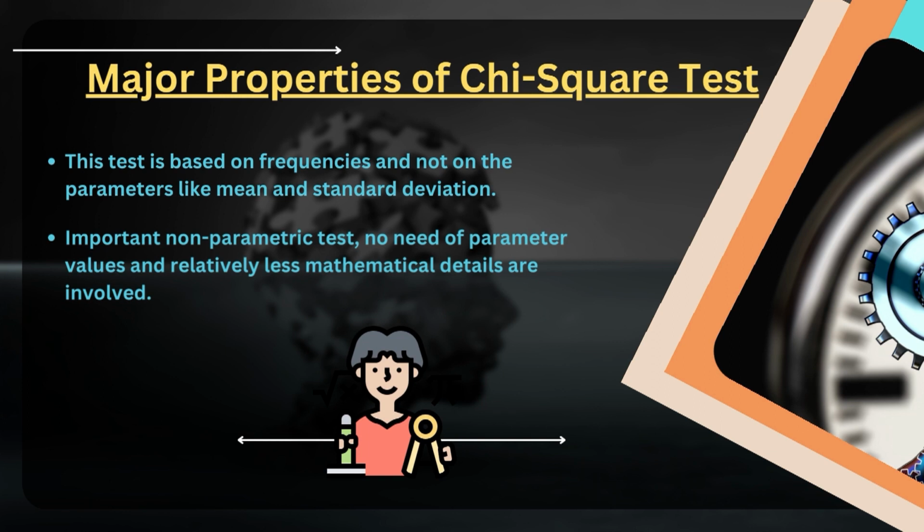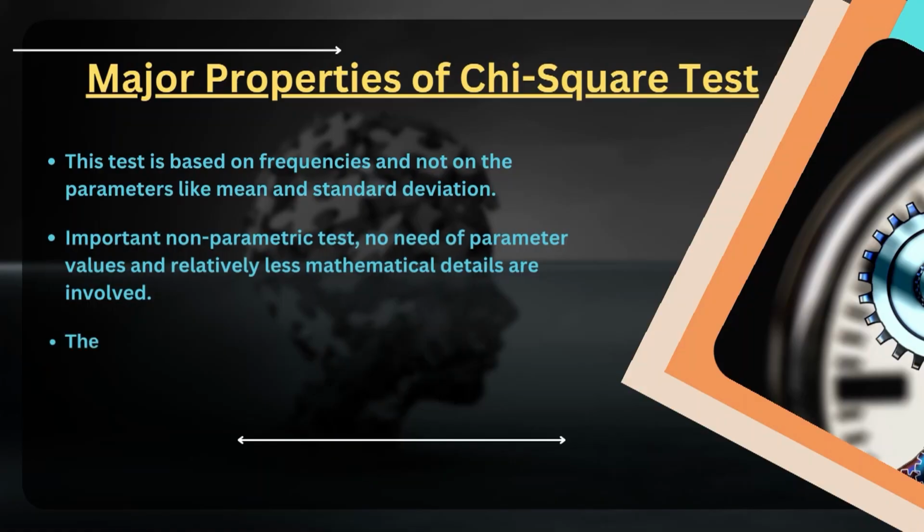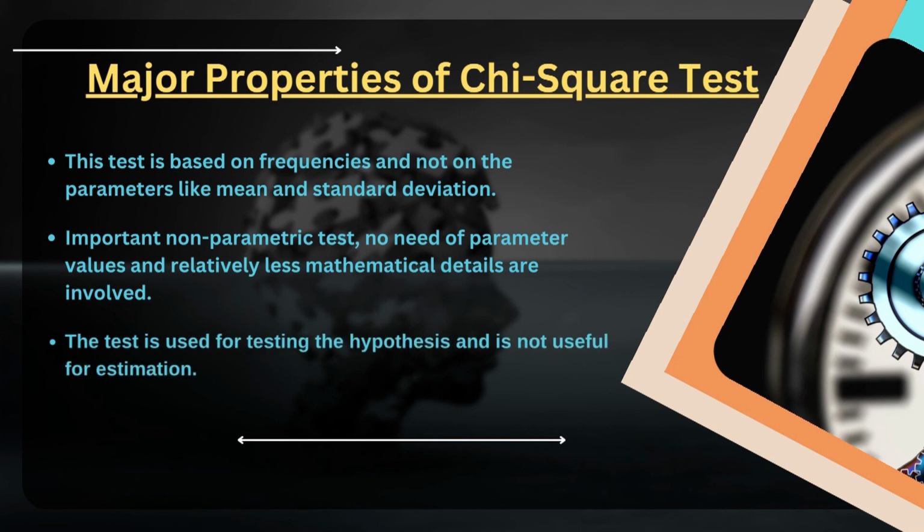As I said earlier, this is a frequently used statistical tool. No need of parameter values and relatively less mathematical detail is involved in this particular test. The test is used for testing the hypothesis and is not useful for estimation. This is another major property of the chi-square test.